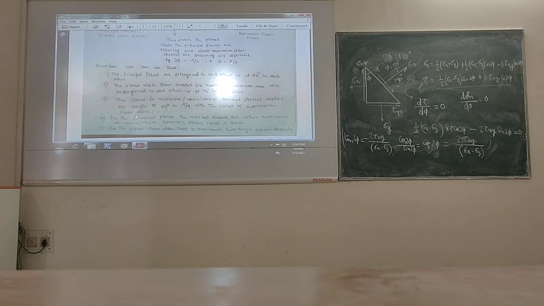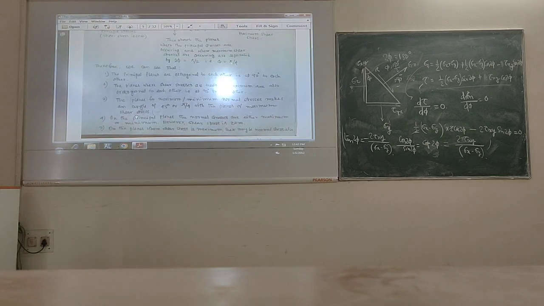Correct? And the planes where the maximum shear stress will occur will be at an angle of 45 degree to the principal plane. I should not say principal stress plane, it should be principal plane, because the principal plane is the plane where the principal stress is occurring.